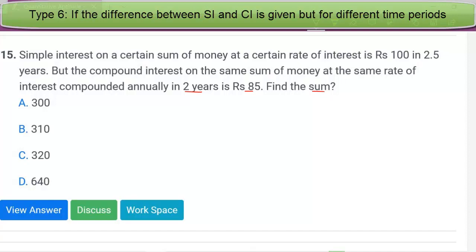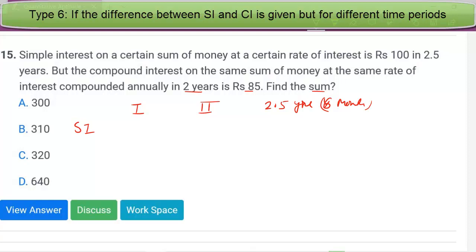So as you can see, if I talk about the simple interest, first year, second year, and then half of the third year, that means 2.5 years, that means half of the third year, or we can say 6 months. Okay, so simple interest you are getting how much? 100.